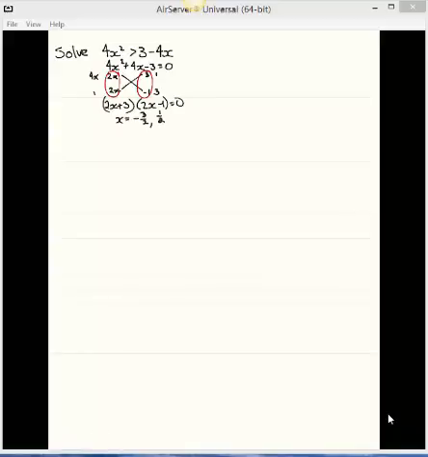Okay, so now we do our sketch. We know that the intercepts are at negative 3 over 2 and 1 over 2. This one is again a happy face parabola, but the process works the same if it's a sad face, if it's concave down.